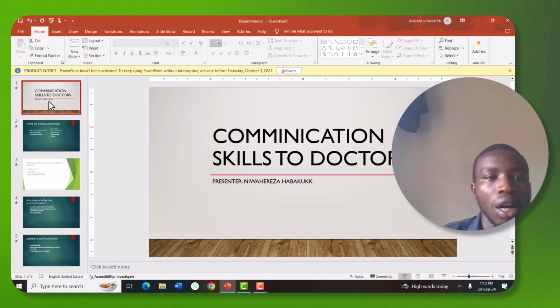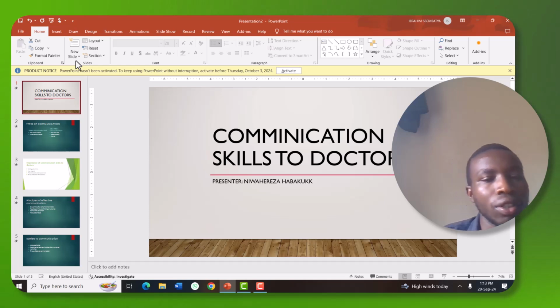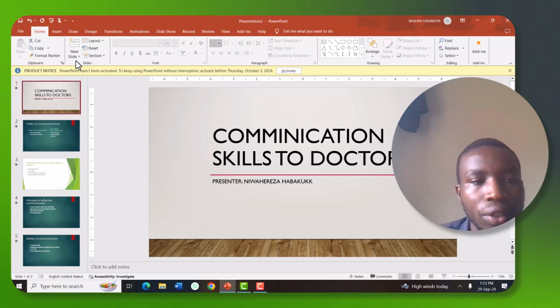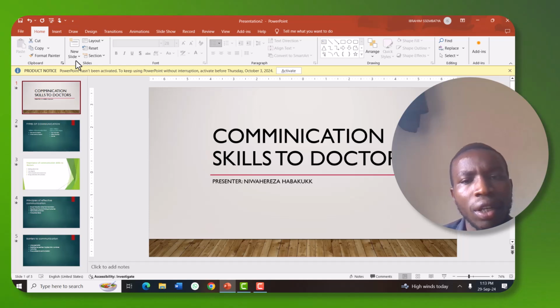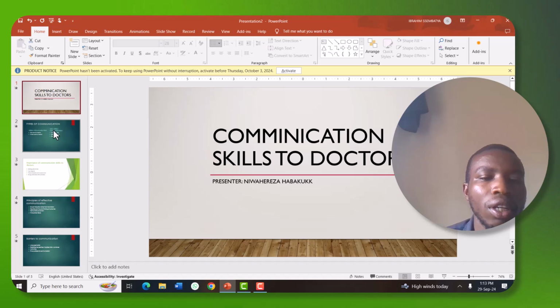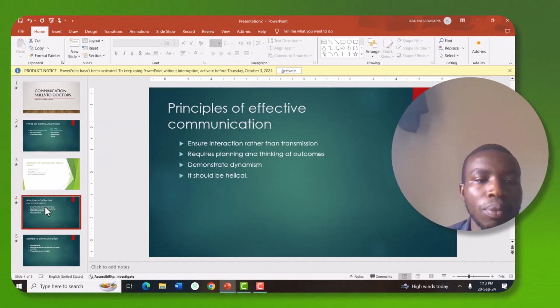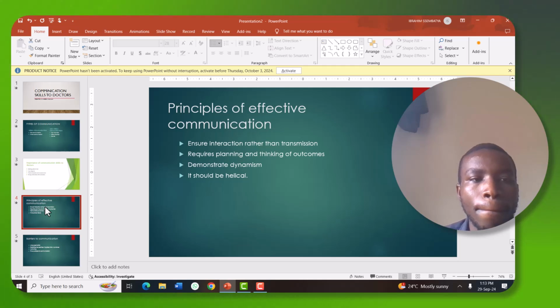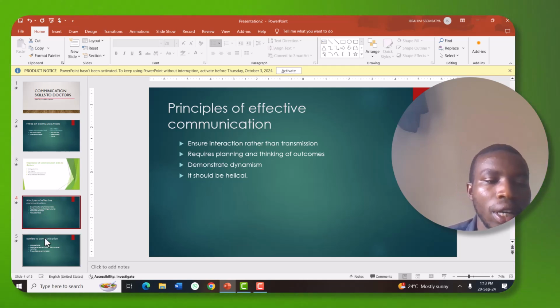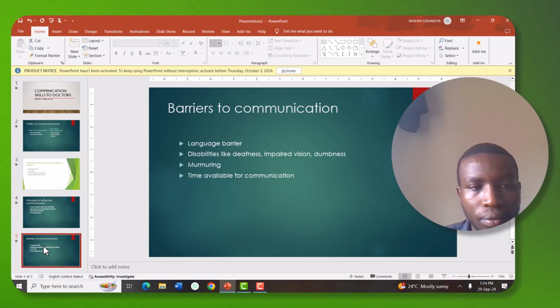Okay, and therefore, if you have relevant pictures or images that you would wish to apply to your slide to make it make sense to your audience, you can apply on each and every slide to make your presentation make sense to your audience.